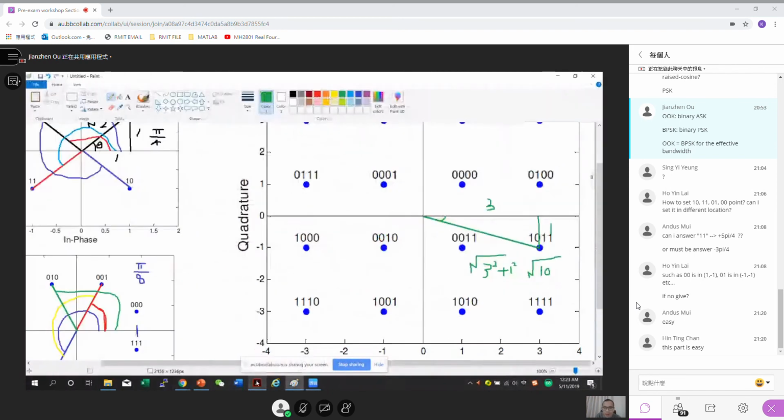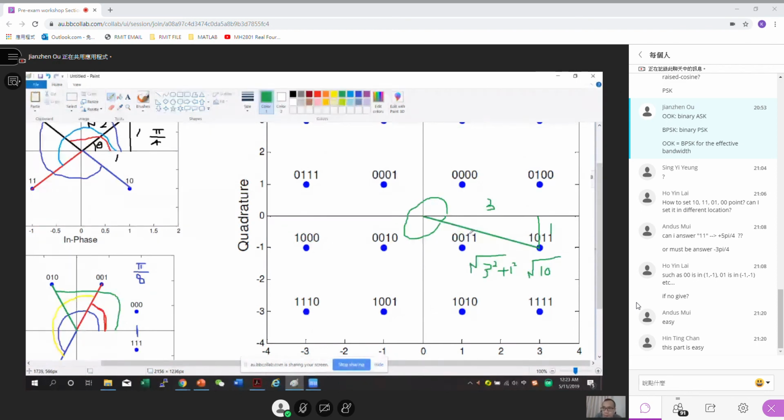Now we have to calculate the angle. We have either this one or this one, it's the same, this angle here. See which one is best.